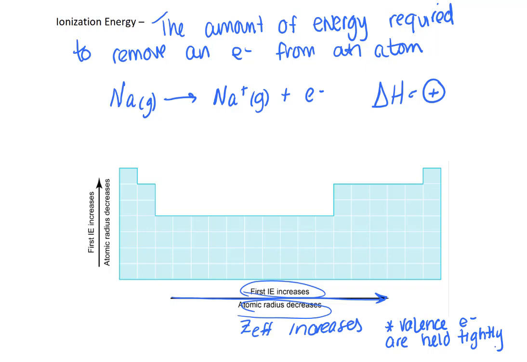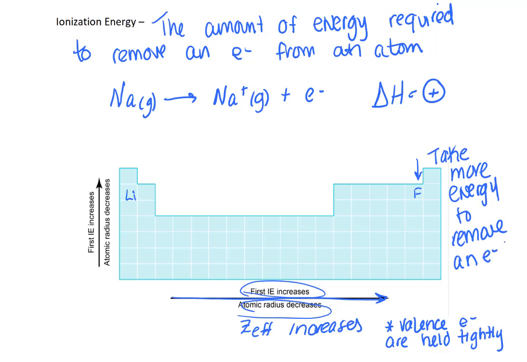So, if we look at something like fluorine, fluorine has a pretty high Z effective, at least in comparison to lithium. And because you have a high Z effective, the outermost electrons of fluorine are held more tightly. And because they're held more tightly, it's going to take more energy to remove them. And so that means a larger first ionization energy.